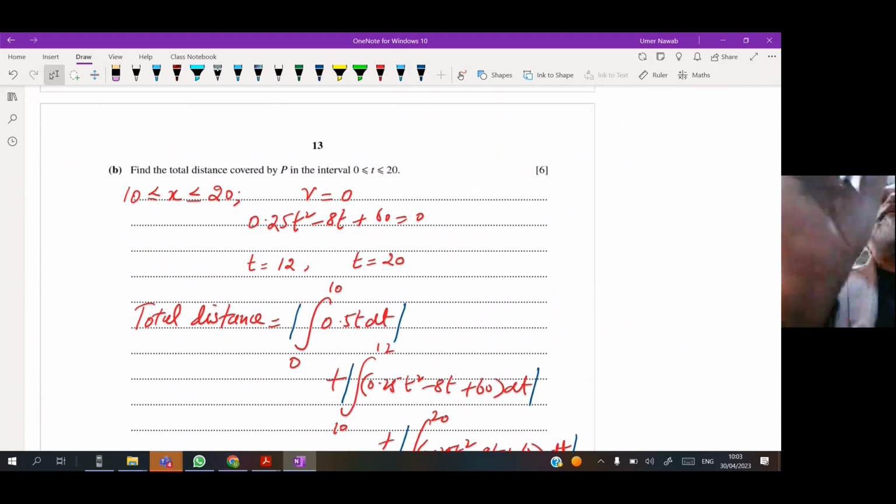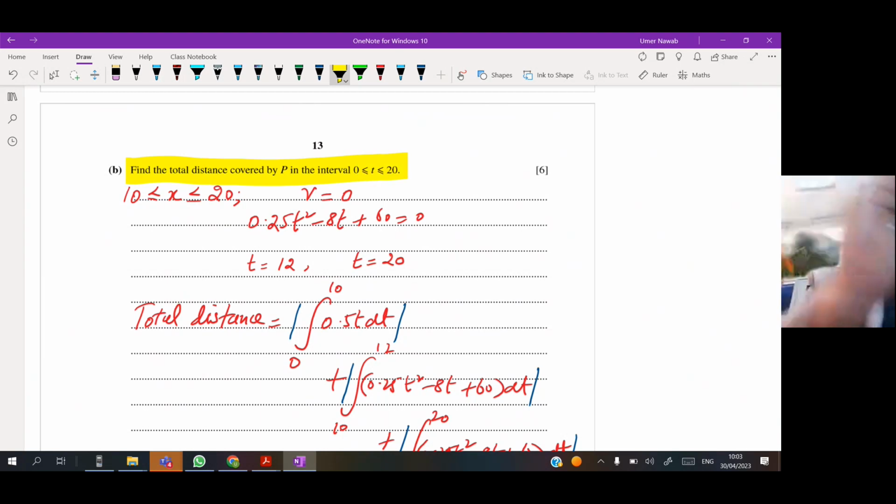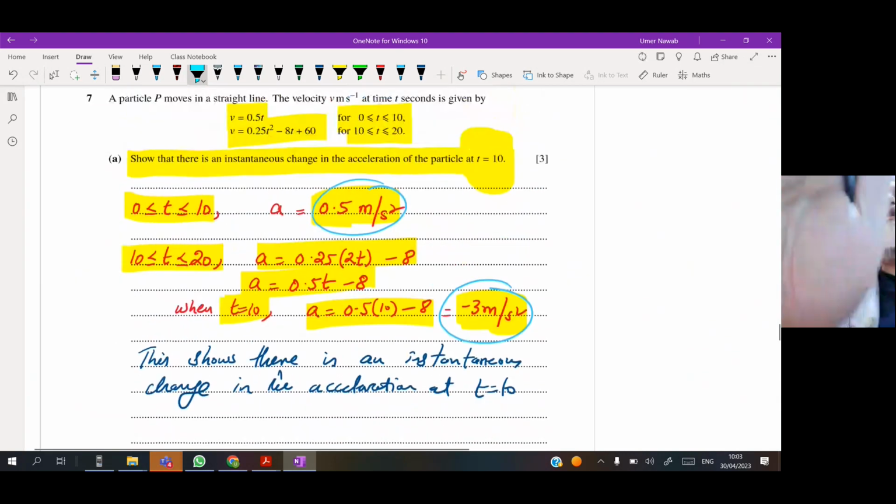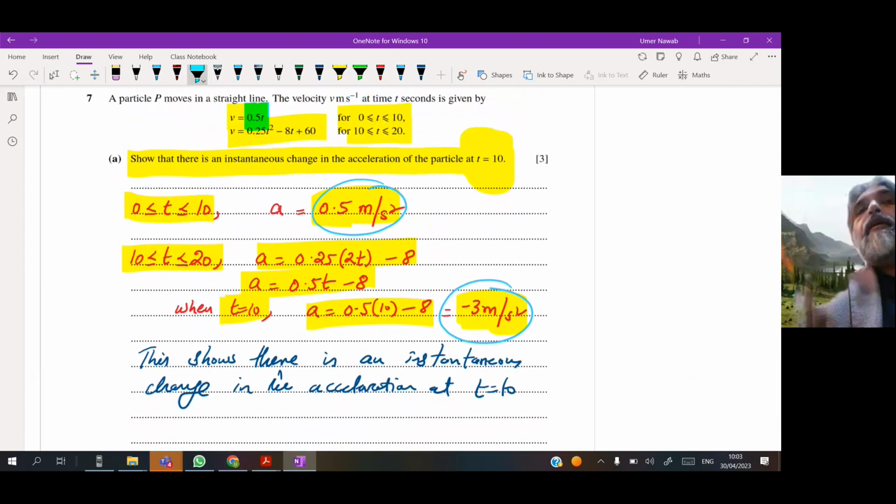Another important point which the examiner mostly asks: how much is the total distance covered by the body in the span of 20 seconds, from 0 to 20? So I want to check: is there any rest situation happening from 0 to 20? From 0 to 10, I'm sure the body will not go into the position of rest, because if you put v equal to 0, it will give you t equal to 0.